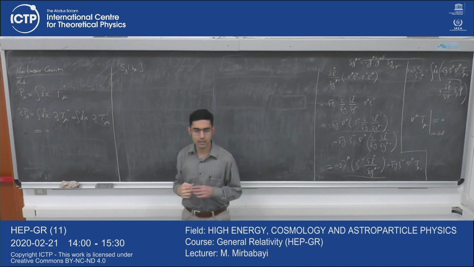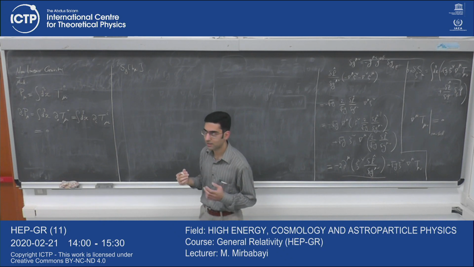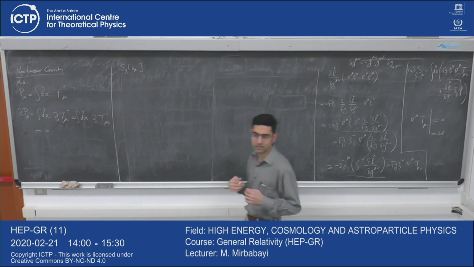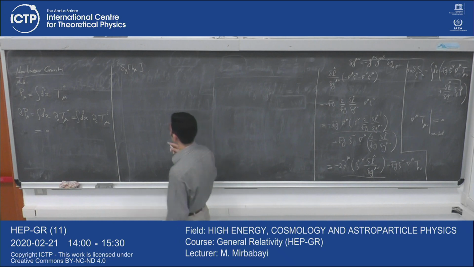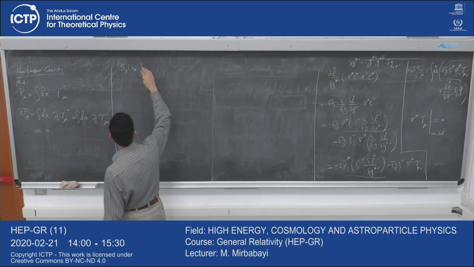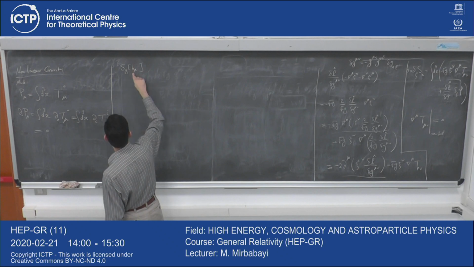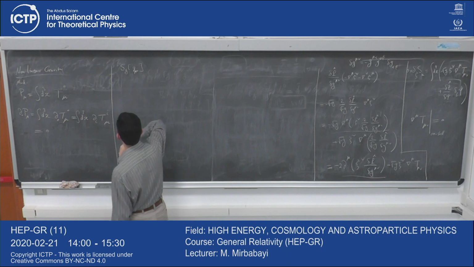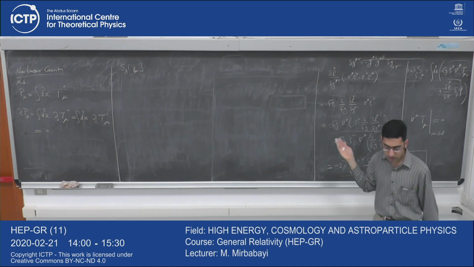It has to be generally covariant. It has to be invariant under general coordinate transformations. Again, the same as before. It cannot depend on h mu nu alone. It should really be a function of g mu nu, this combination, and also its derivatives.